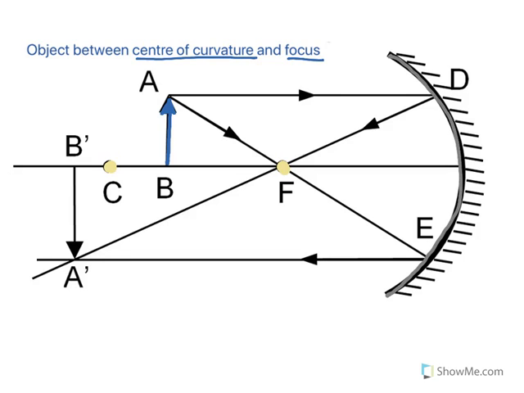So this is the entire mirror that you will draw. You will mark your focus, and now from the object you take two rays. One ray will be parallel. You will take one ray that is parallel, and the other ray you will take passing through the focus.